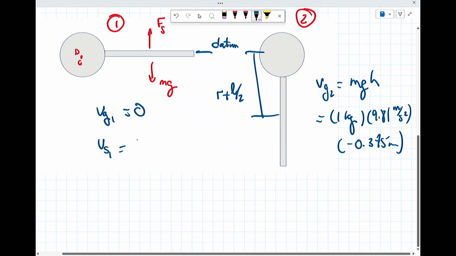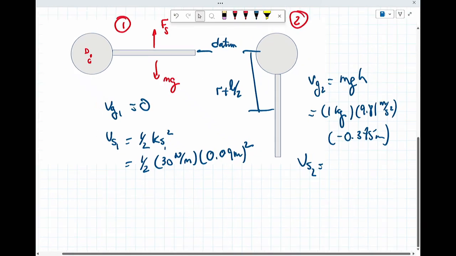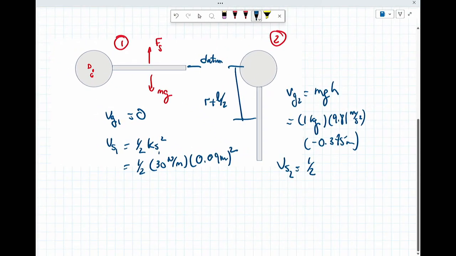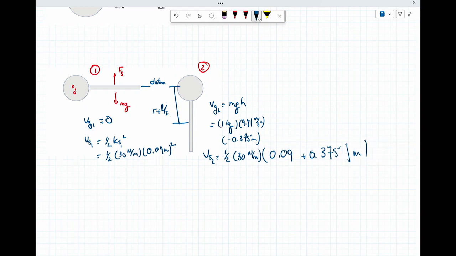Vs1 is equal to 1/2 k s1 squared, which is 1/2 times 30 newtons per meter, times 0.9 meters squared, and Vs2 is equal to 1/2 times 30 newtons per meter, times 0.09 plus 0.375 meters, squared.